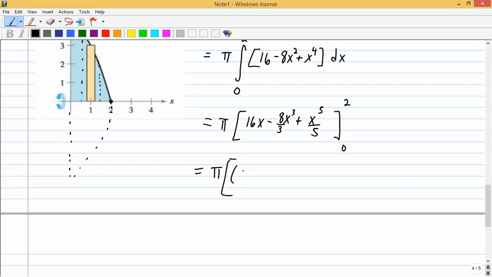So it's going to be 16 times 2 minus 8 times, if you plug in a 2, that's going to be 8 over 3, plus 32 over 5, and minus, you get 0, 0, and 0, so minus 0.